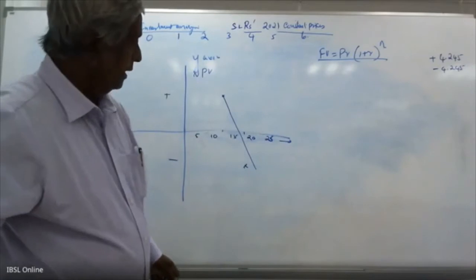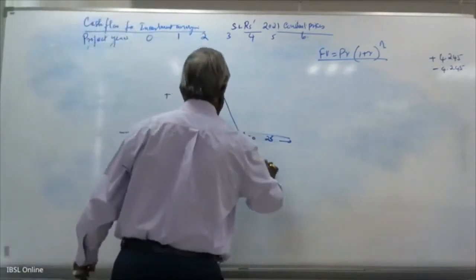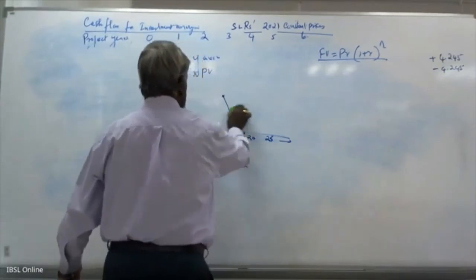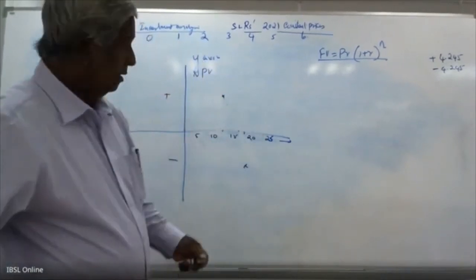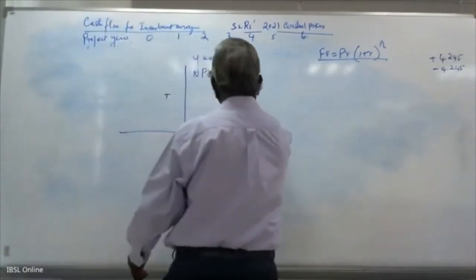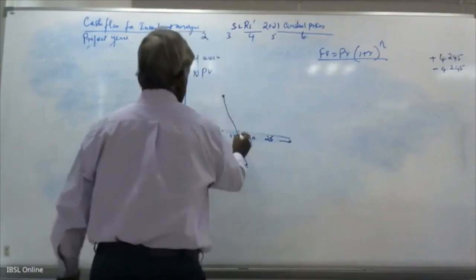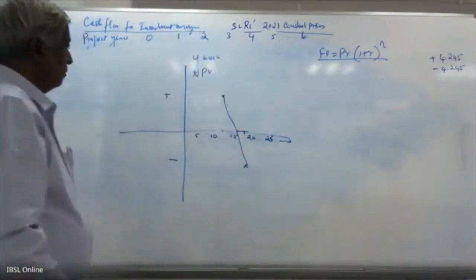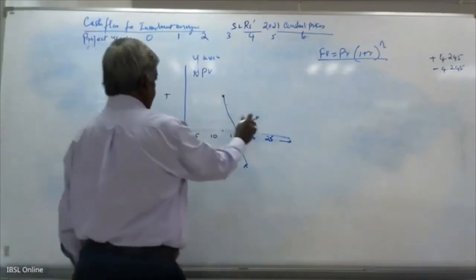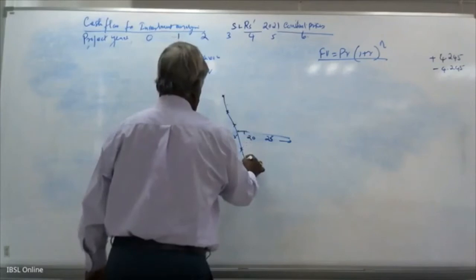The graph will become like this. So there may be various points, there may be many.